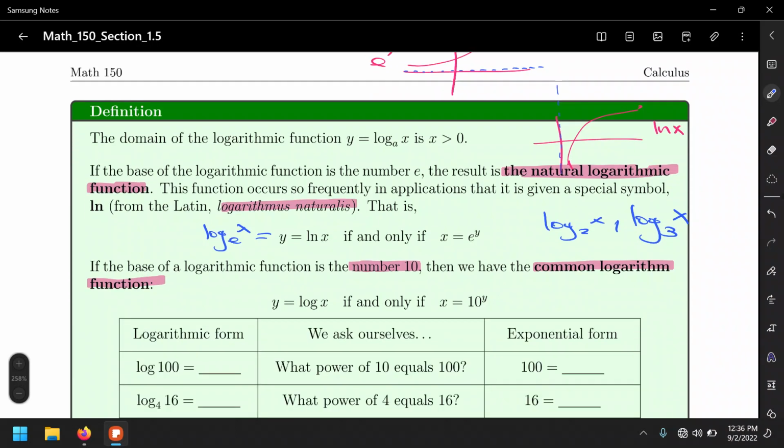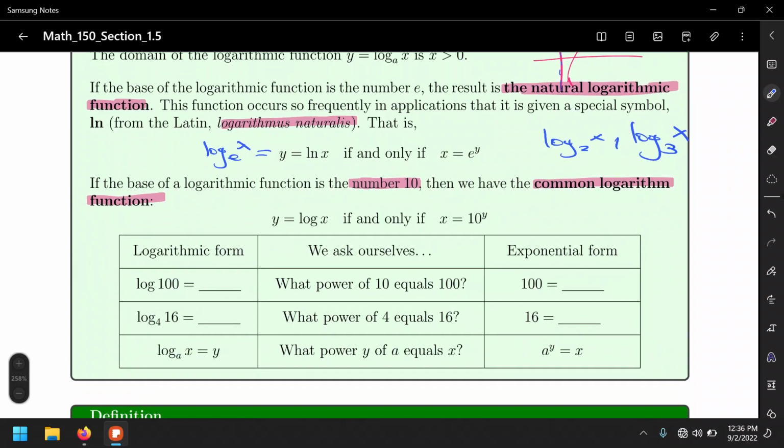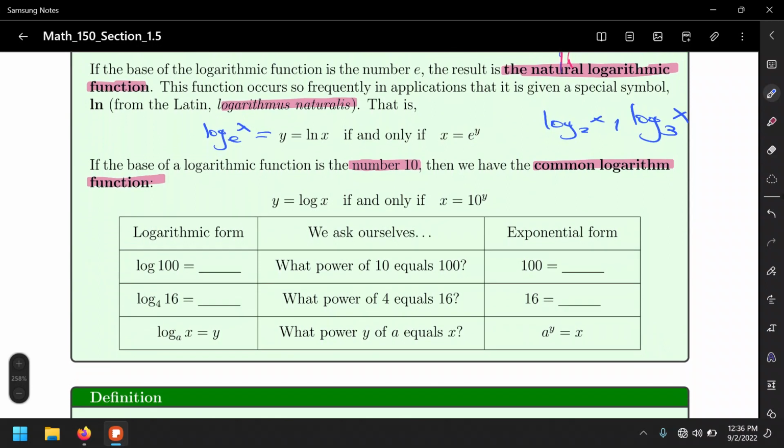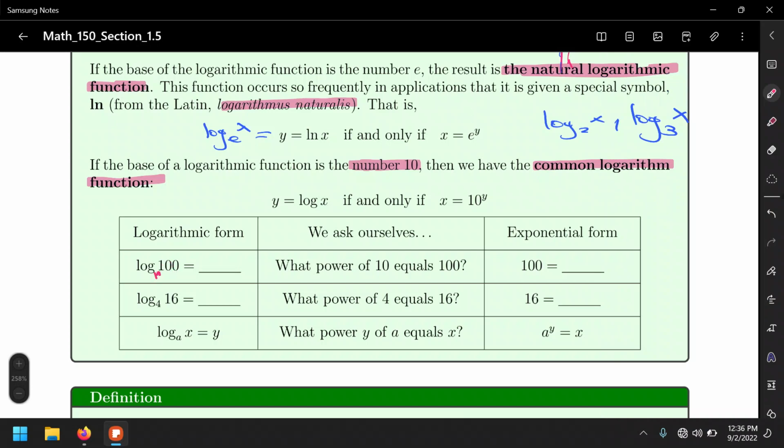But that's a lot of words and symbols. Let's interpret this with actual numbers. When we see the expression log of 100, we ask ourselves, what power of 10 equals 100? Where am I getting this 10 from? It's the implied base. We don't need to write it, but if you want to, that's fine.